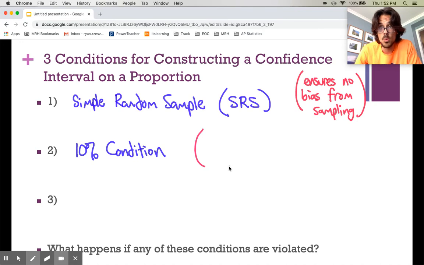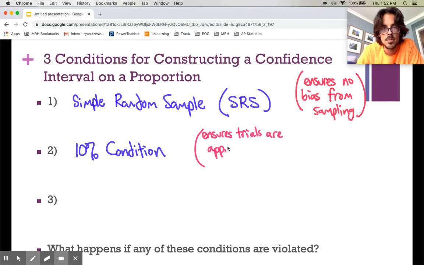We need to do it before we do our standard deviation formula. The reason for that is it ensures that trials or selections are approximately independent of one another. And the reason we do that is it lets us find our standard deviations.